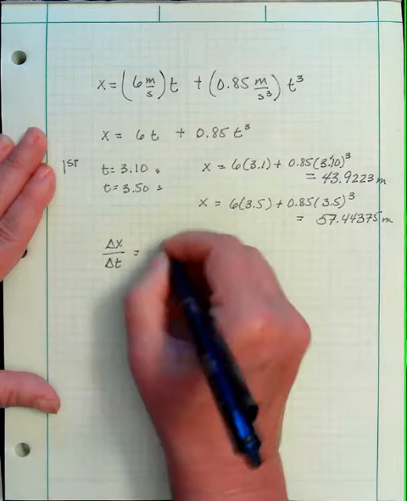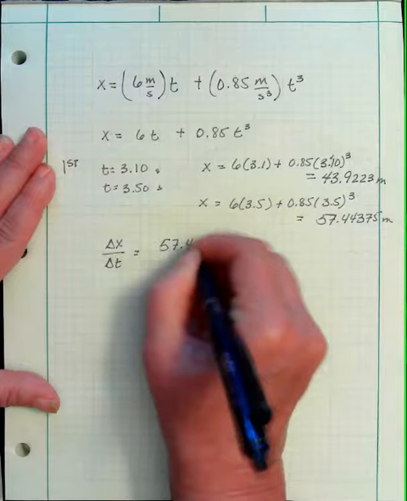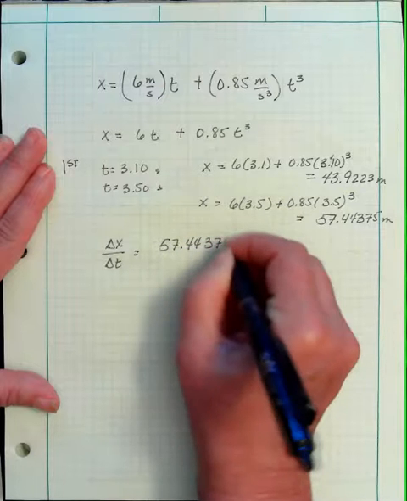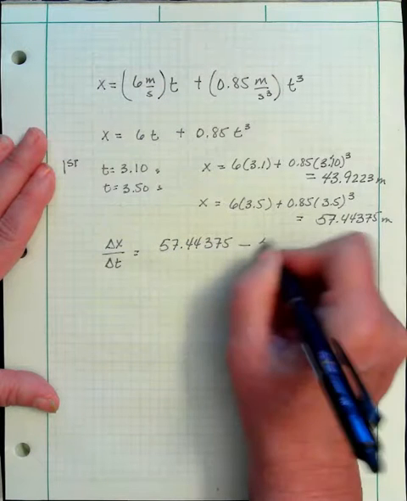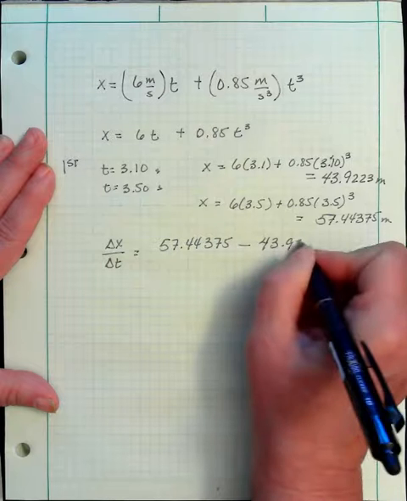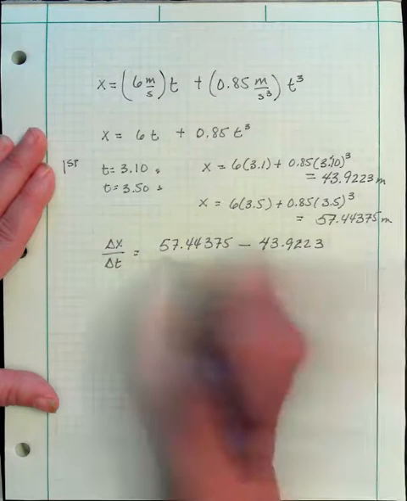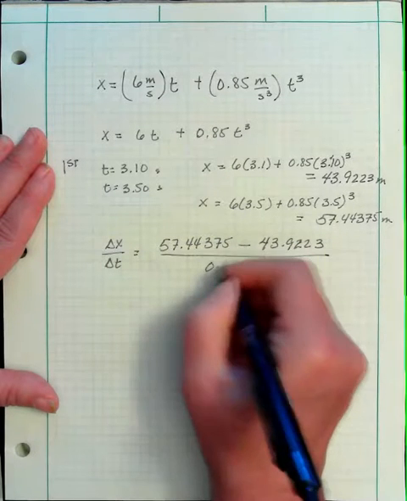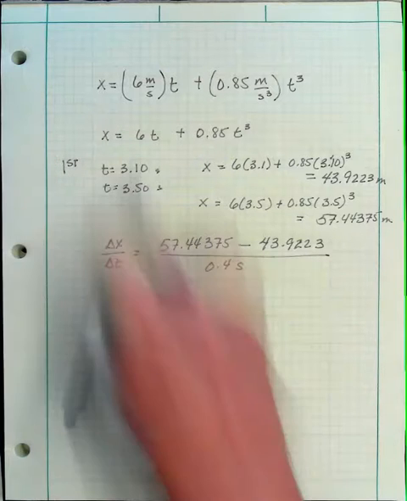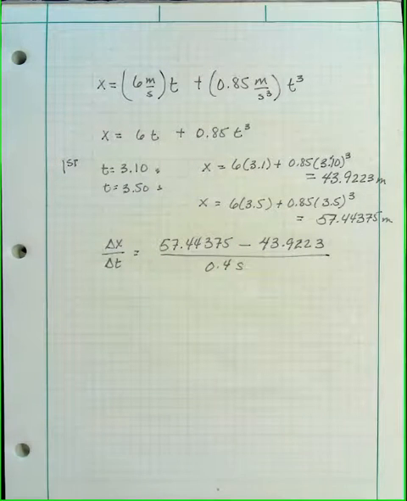Now I'm just going to do my change in position divided by my change in time. This is going to give me 57.44375 minus 43.9223, divided by my 0.4 seconds, because that was my difference there.